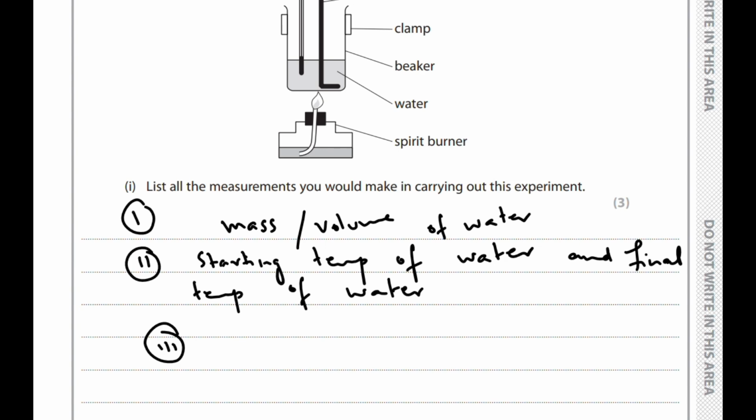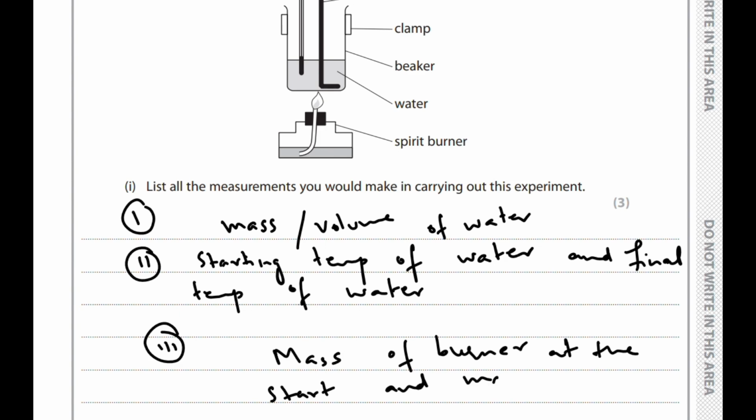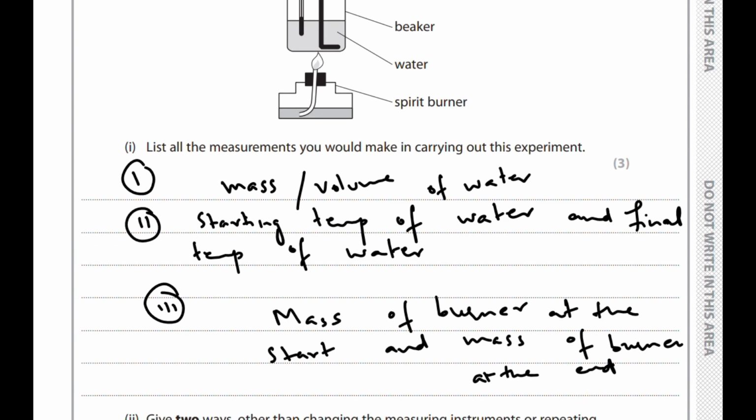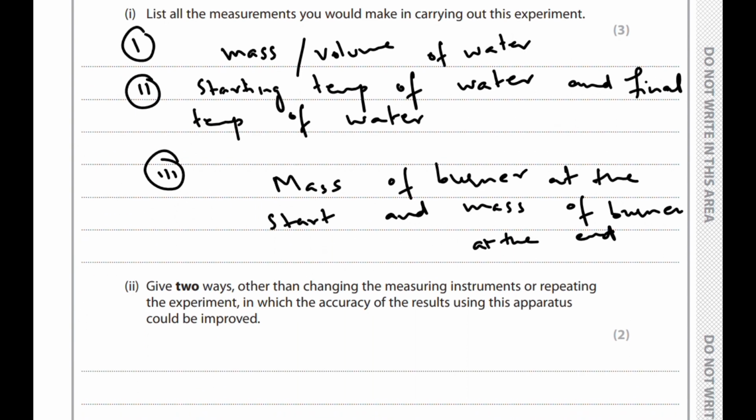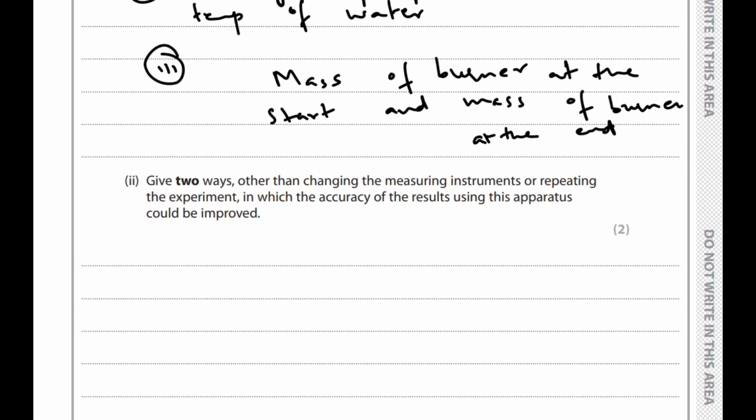Then you need to measure the mass of the burner at the start and the mass of the burner at the end to find out how much substance burned to produce energy. So you need to write these 3 points.